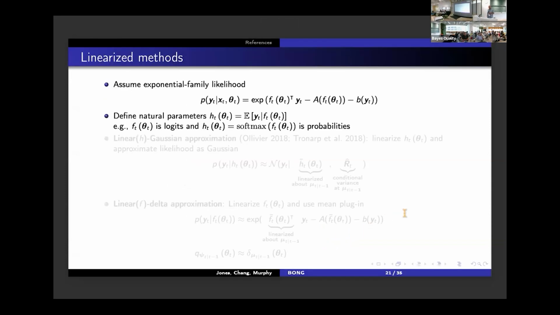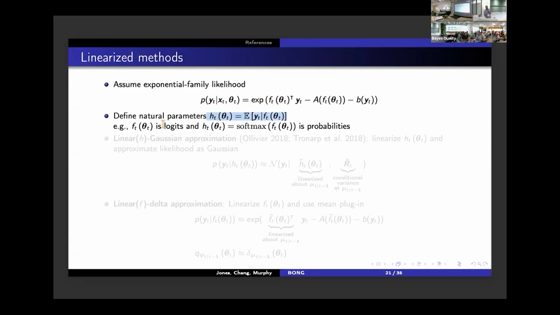For linearized methods, again, we assume that the likelihood is an exponential family, not conjugate, we're in neural network land now, there's no conjugacy anymore, but we assume that what the network is outputting is some f of theta, which is the natural parameter of the likelihood. Then we also define the dual parameters, which are the expectation parameters, the expectation of the output conditioned on the natural parameters.